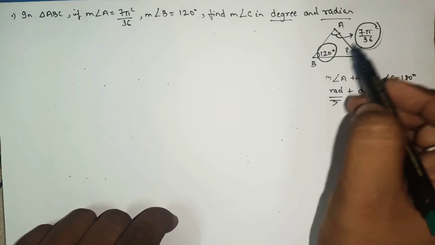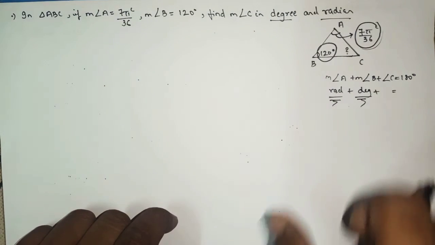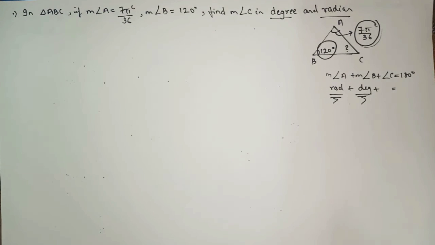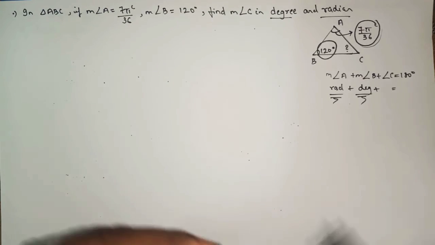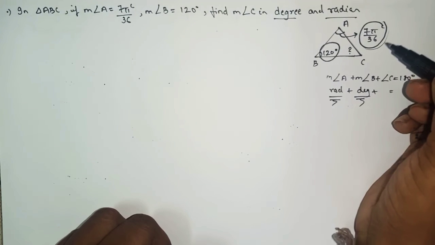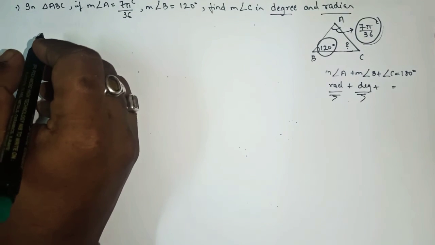I feel that degree will be the best process to solve the sum. So whenever you come across a sum like this, a triangle or quadrilateral, if one of the angles is given in radian, try to convert this radian into degree and then solve the sum further. Understood the method? Okay, so same thing here we'll do.